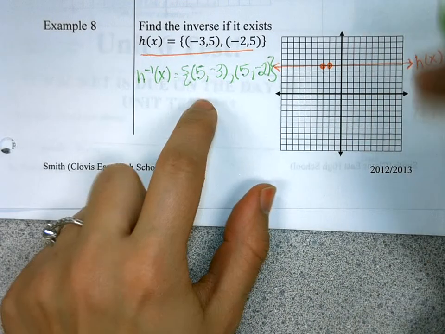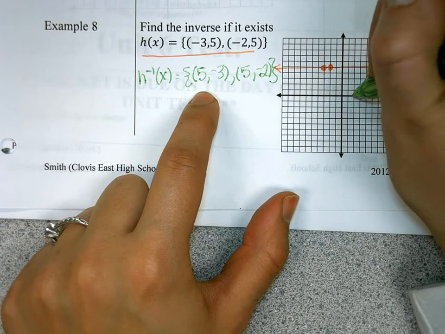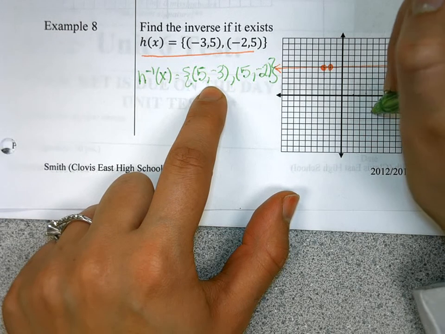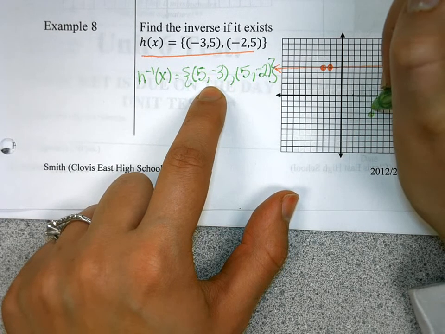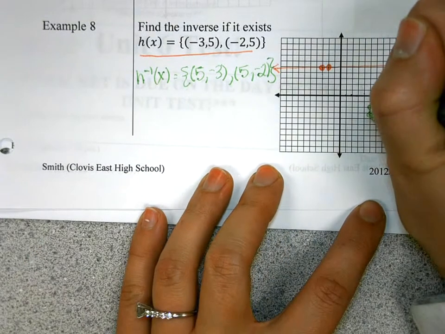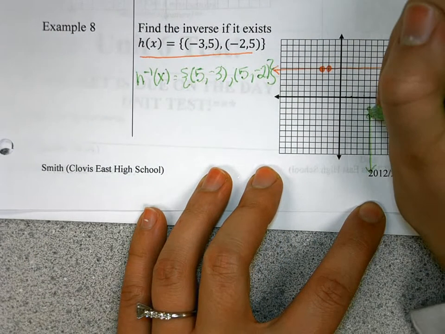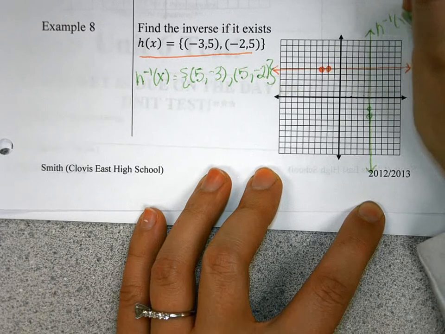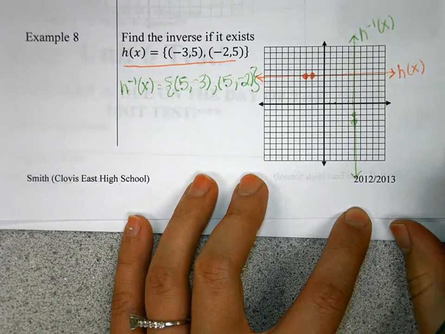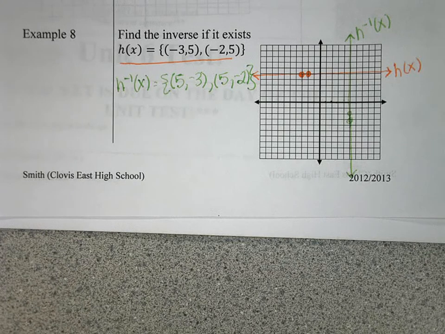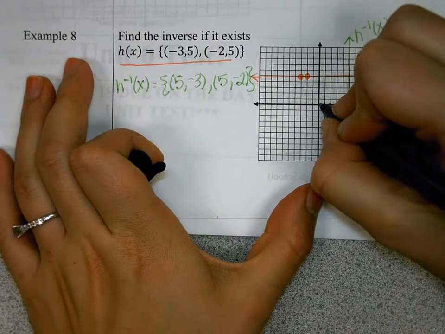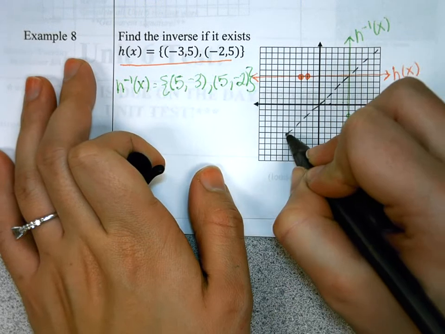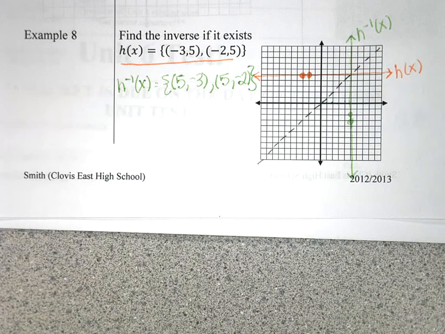So the inverse is going to be a vertical line. This is h inverse of x. Okay, these two are symmetrical. If I was to take that y equals x line all the way through and fold my paper, they would still come out to be symmetrical.